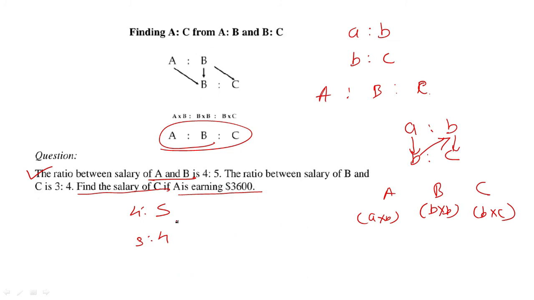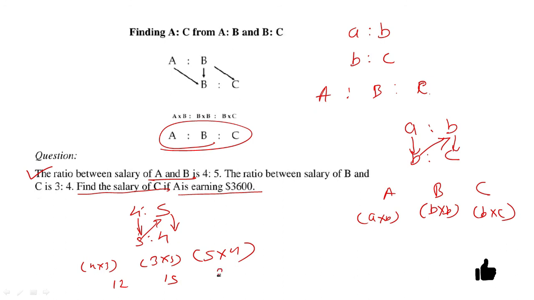Now for the first ratio we have to calculate A into B. So just remember these arrows, like A to B, B to the B, and B to C. So 4 into 3, 3 into 5, and 5 into 4. So the ratio will be 12, 15 and 20.